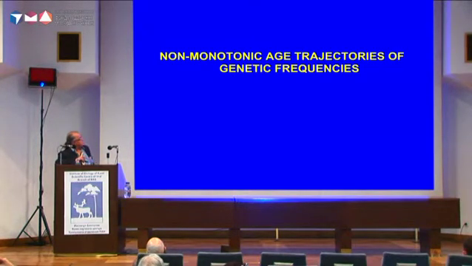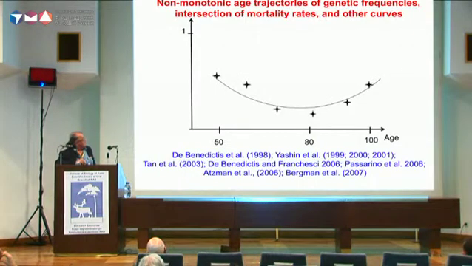Let us now look at the non-monotonous trajectories of genetic dependencies. I worked together with an Italian group headed by Claudio Franceschi, Benedictisis, and with Vladimir Anisimov, using different sets of data.